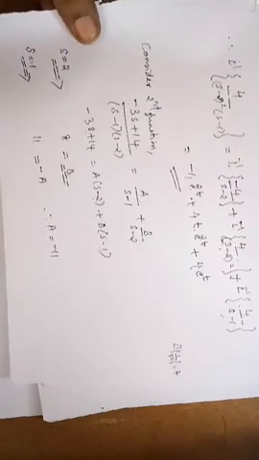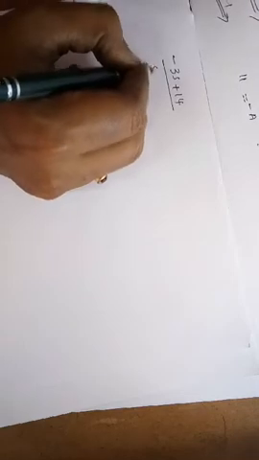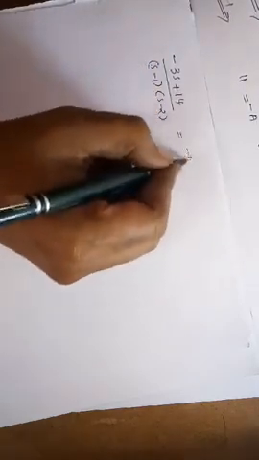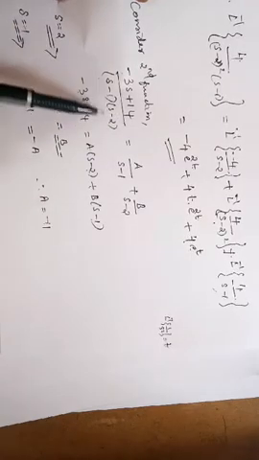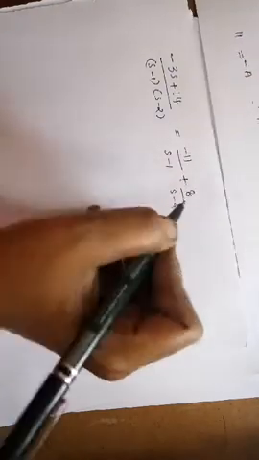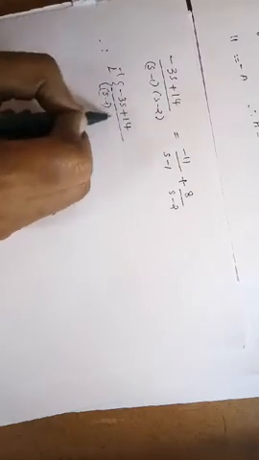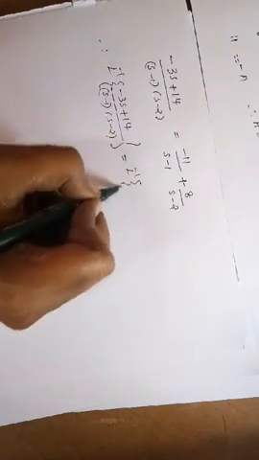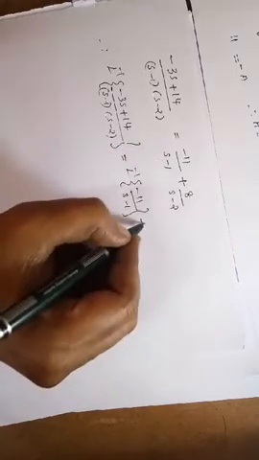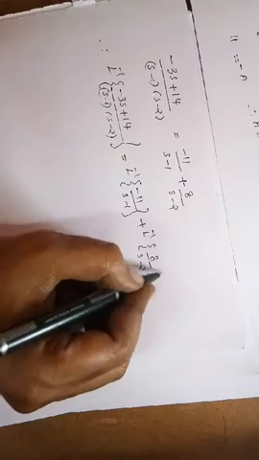Thus, our function minus 3s plus 14 by (s minus 1) into (s minus 2) we can write as minus 11 by s minus 1 plus 8 by s minus 2, where a is minus 11 and b equals 8. Therefore, the inverse of minus 3s plus 14 by (s minus 1) into (s minus 2) equals L inverse of minus 11 by s minus 1, the first term, plus the inverse of the second term, 8 by s minus 2.